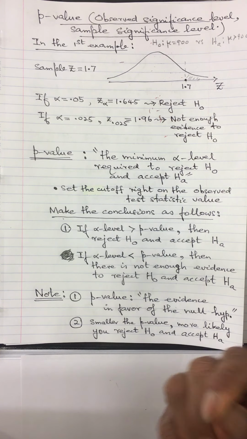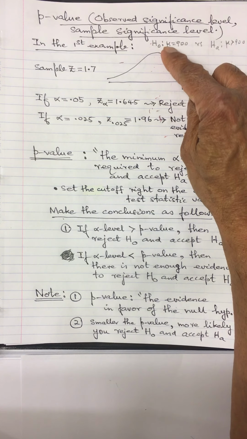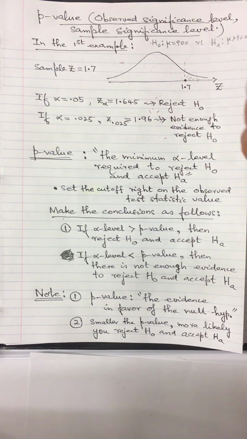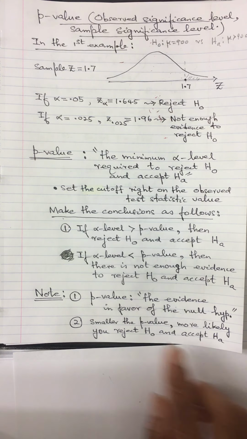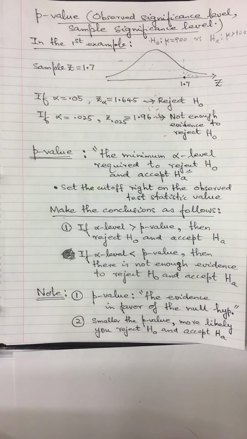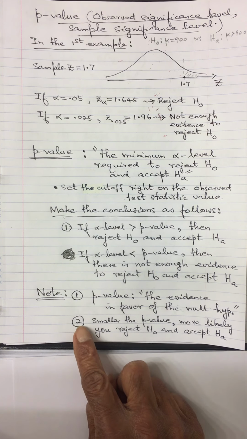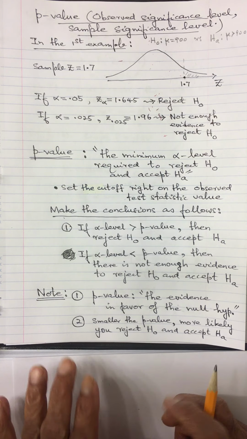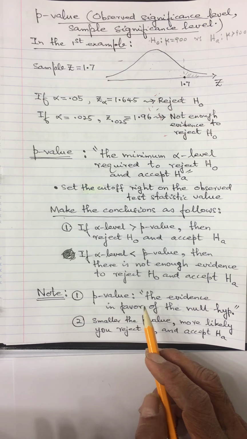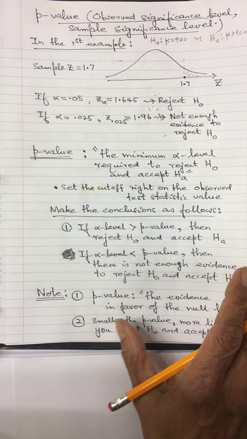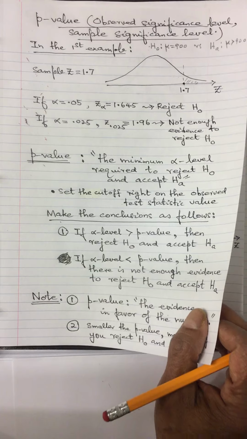If you have a very small p-value, it means you have almost no evidence in favor of the null, so you are more likely to reject this and accept that. In general, the smaller the p-value, the more likely you are going to reject H naught and accept HA. Sometimes people say that's the sample evidence in favor of the null hypothesis. If the p-value is very small, you have almost no evidence in favor of the null hypothesis.